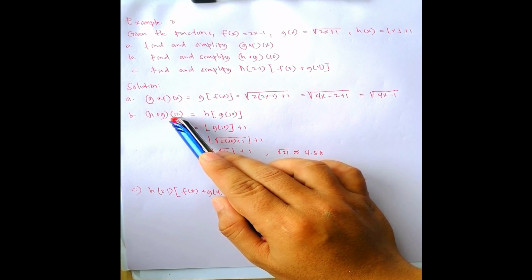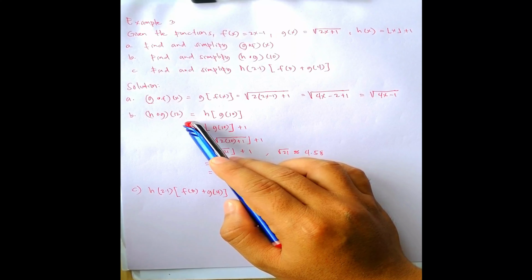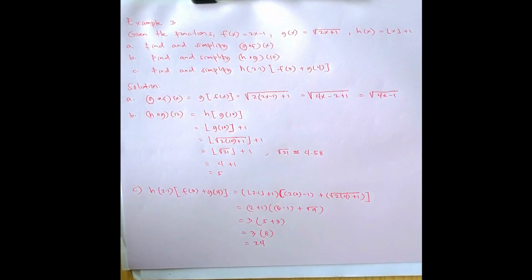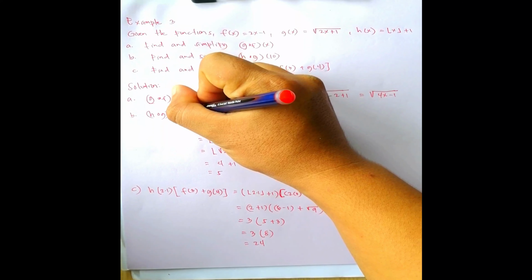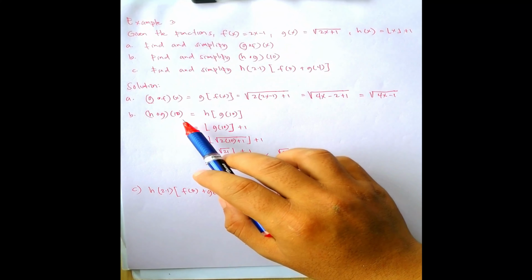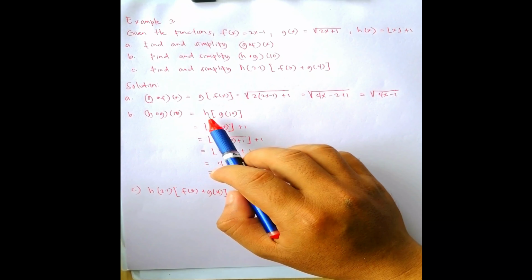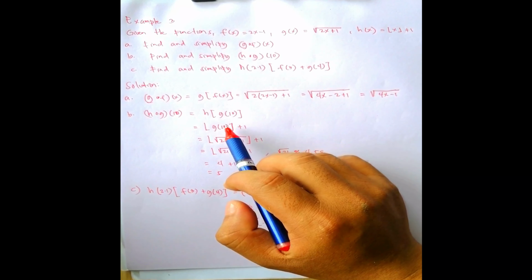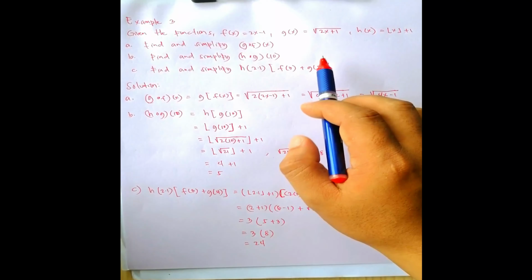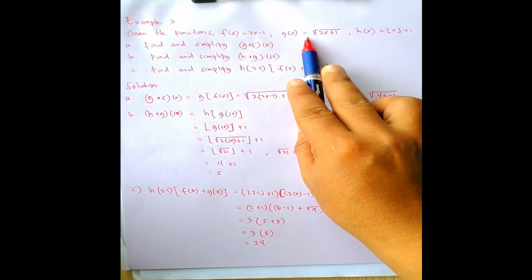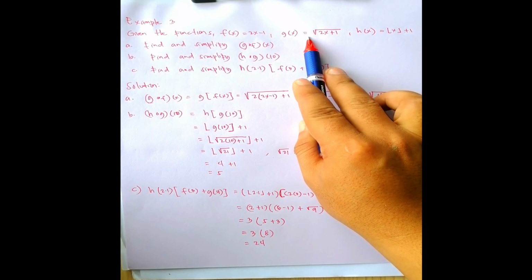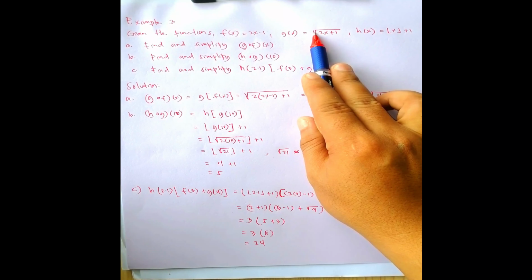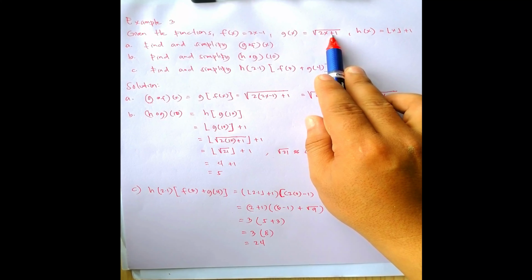Second, h circle g of 10. So h circle g of 10 is the same as h of g of 10. G of 10 is the same as this one. So we need to substitute 10 in this function, square root of 2x plus 1.